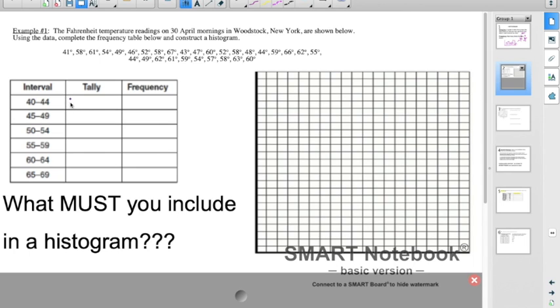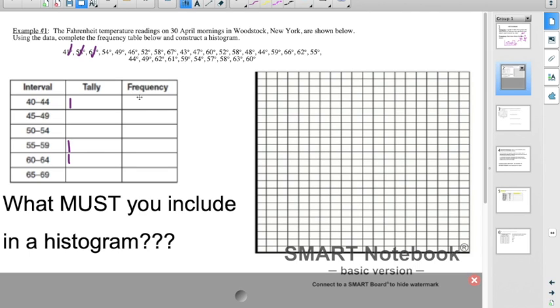So I'm going to put a tally. Cross that off. 58, well, that's going to occur in the 55 to 59. Tally. Hold off on the frequency. That's when we're going to put as a number how many tallies we see. 61, well, that's going to occur down here. And I want you guys to do this as well.